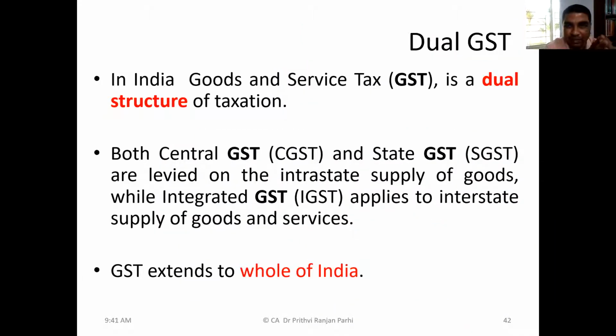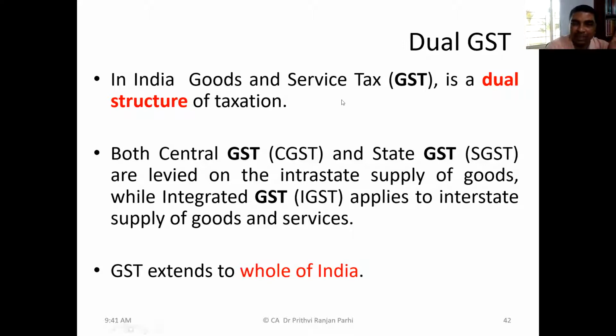You know that thing. And when we are saying dual GST structure is followed, therefore various GST laws are implemented. Already you have seen in the GST website that there is a Central GST Act, and various states have their specific GST acts, and the GST system is extended to the whole of India.